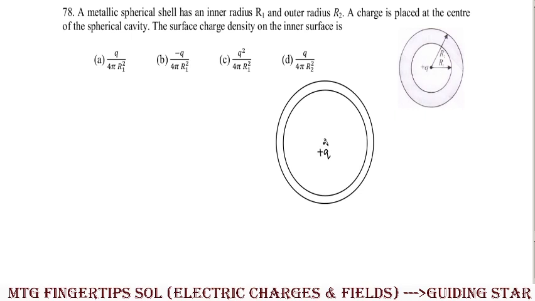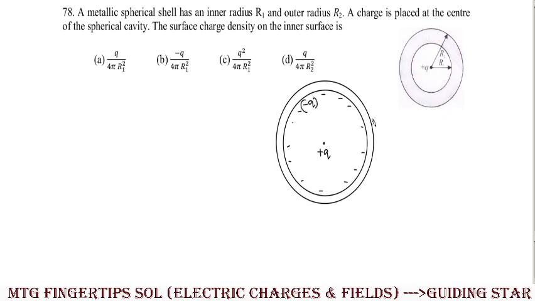Due to the phenomenon of induction, the inner surface of the sphere will acquire an equal amount and equal magnitude of negative charge. That means on the inner surface a negative charge, minus Q, will develop here.